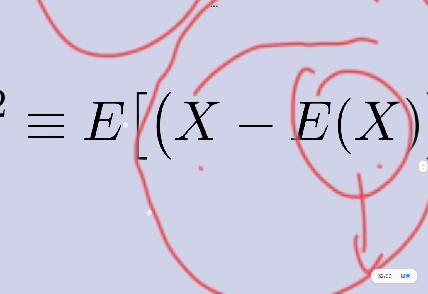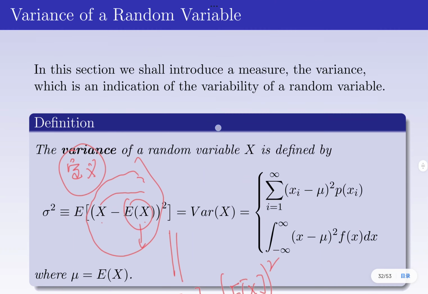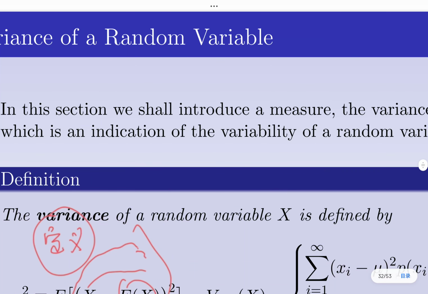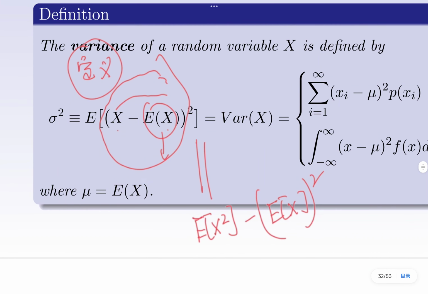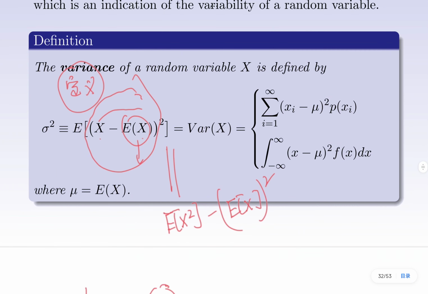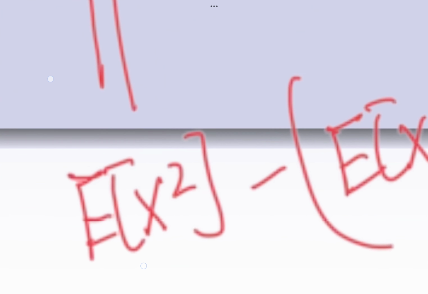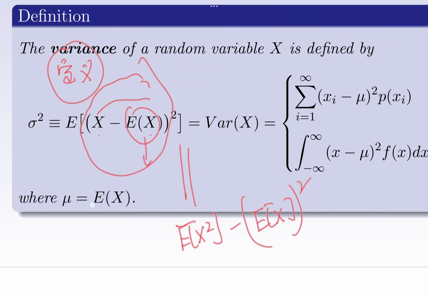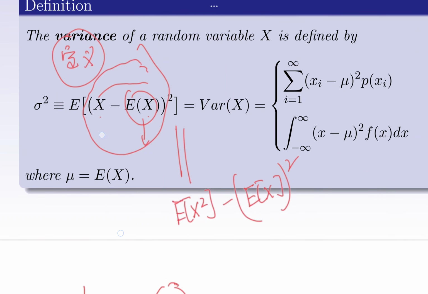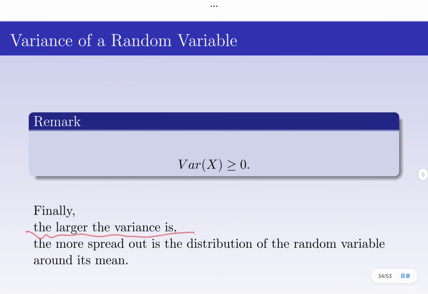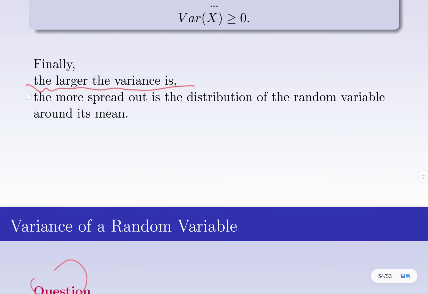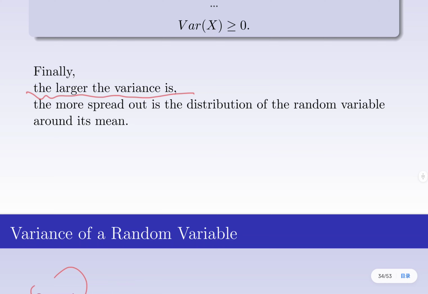This is the definition, which indicates the variability of a random variable. The larger it is, the more spread out.